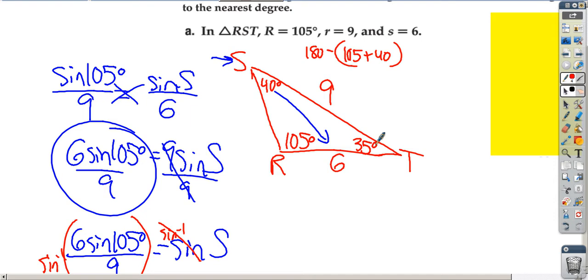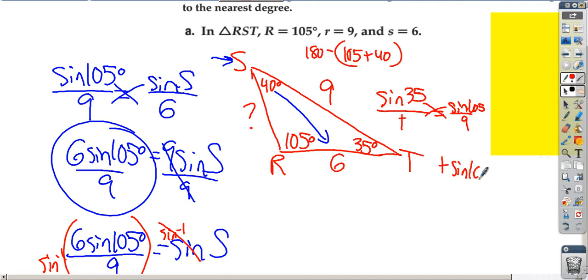And then finally let's find side T. So we could say the sine of 35 over this side right here, so that's side T, equals the sine of 105 over 9. And then we will cross multiply again, so we'll get T times the sine of 105 equals 9 sine 35.